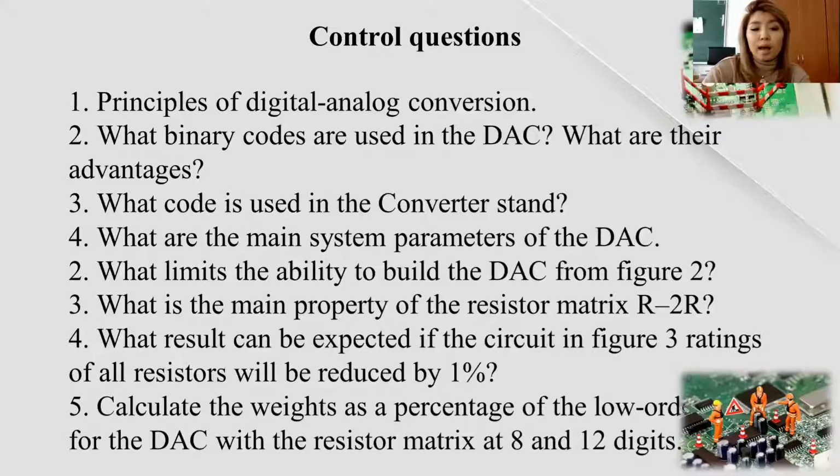What limits the ability to build a DAC from figure 2? What is the main property of the resistor matrix R-2R, and what result can be expected if in the circuit on figure 3 the rating of all the resistors is reduced by 1%?